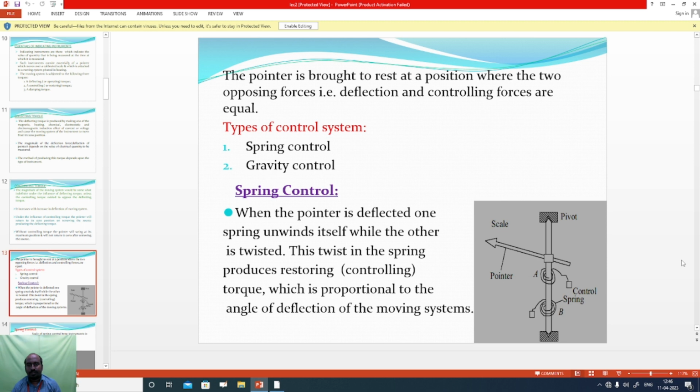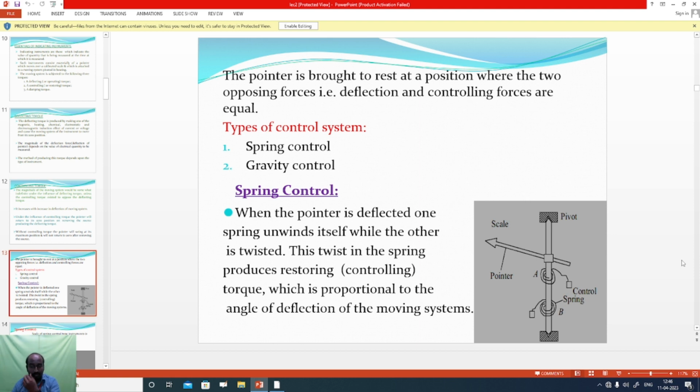So this controlling force is to be produced by either a spring control method or a gravity control method, which is proportional to the deflection.